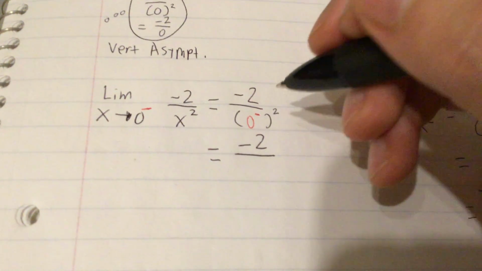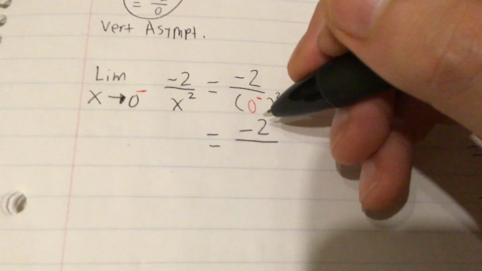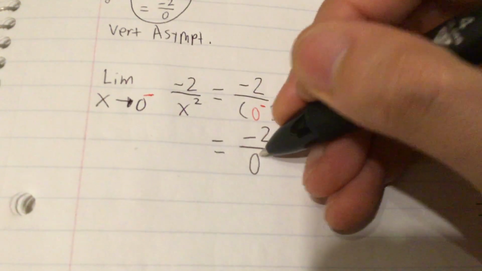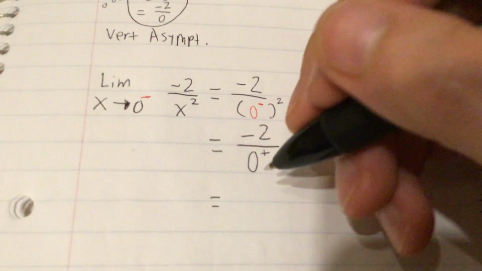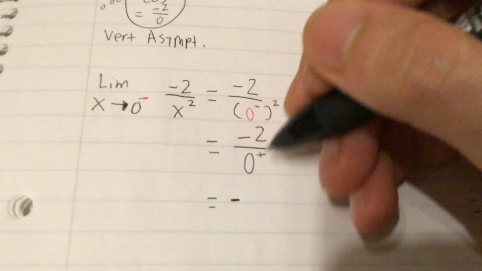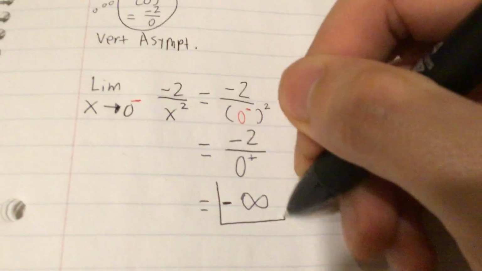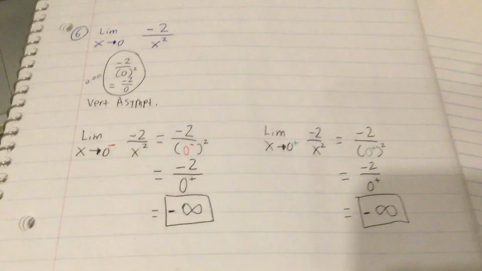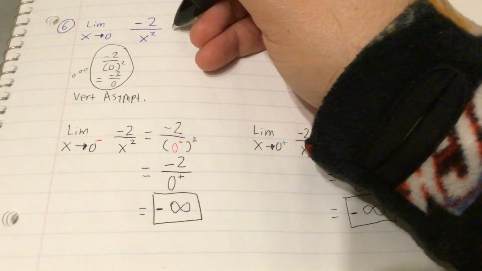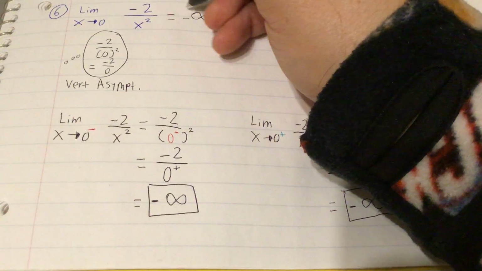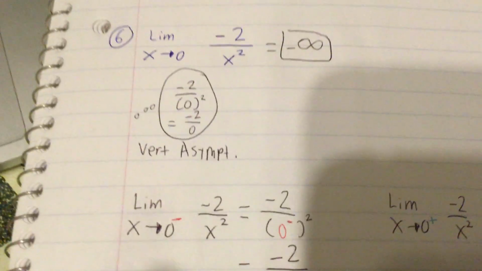And now the left side of 0, so negative 0.001 getting squared, is getting closer to 0, but we're actually squaring a negative. And now negative 2 over the positive side of 0 is negative infinity. And now the left-hand limit and the right-hand limit agree that we are going to negative infinity. So the limit as x approaches 0 of negative 2 over x squared is negative infinity.